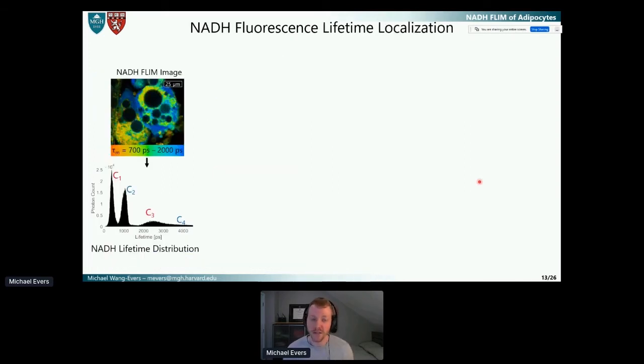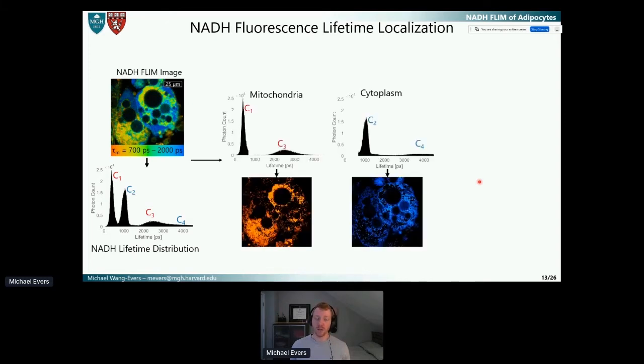So we wanted to test our hypothesis. Is it really like that we have 4 fluorescence lifetimes, and where are they coming from? And what we found is that component 1 and 3 are mostly found in the mitochondria, while lifetime components of NADH 2 and 4 are mostly found in the cytoplasm.